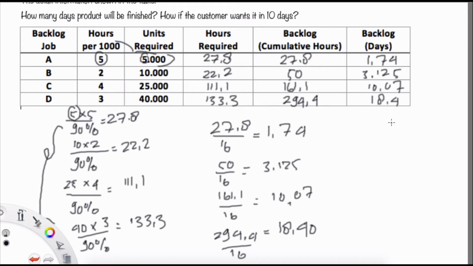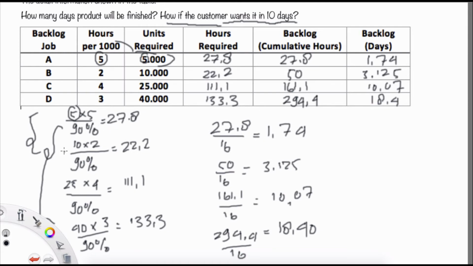So it cannot be finished in less than 10 days. And the second problem here: what if the customer wants it in 10 days? We have to find another solution, and I will try adding a machine, because we are working with a single machine here, so I want to add another one.